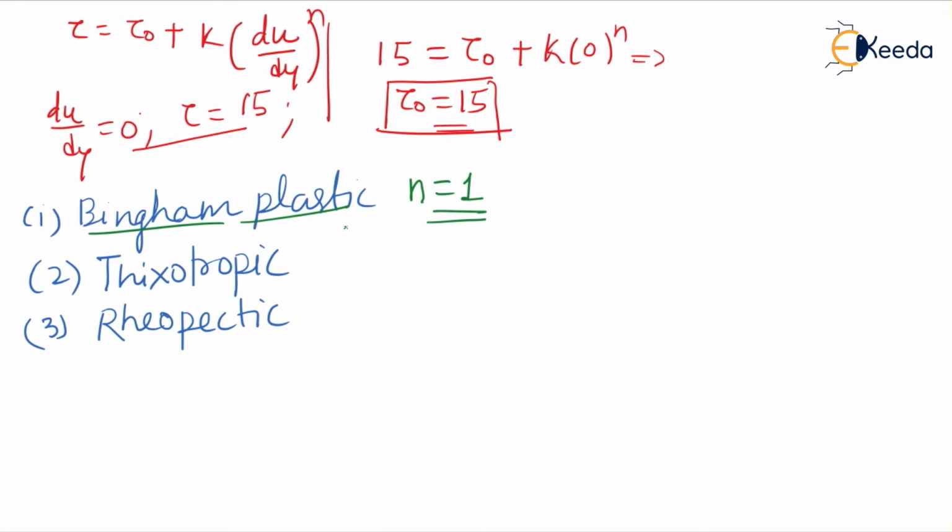If n is less than 1, then it will be thixotropic, and if n is greater than 1, then it will be rheopectic. So ultimately we just need to calculate the slope now.